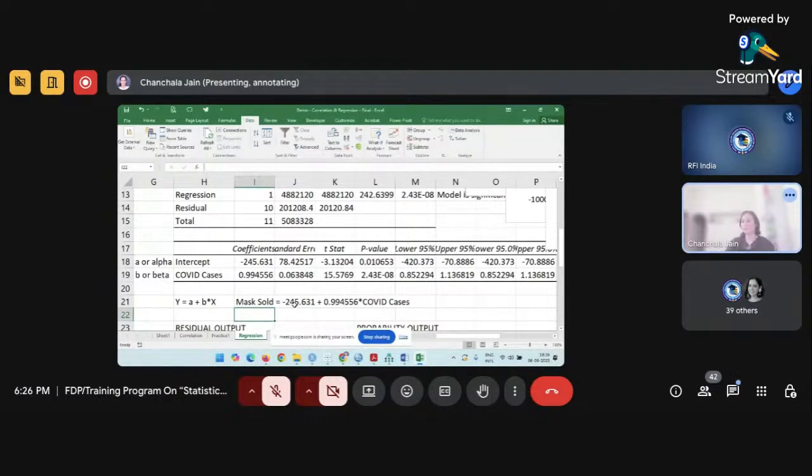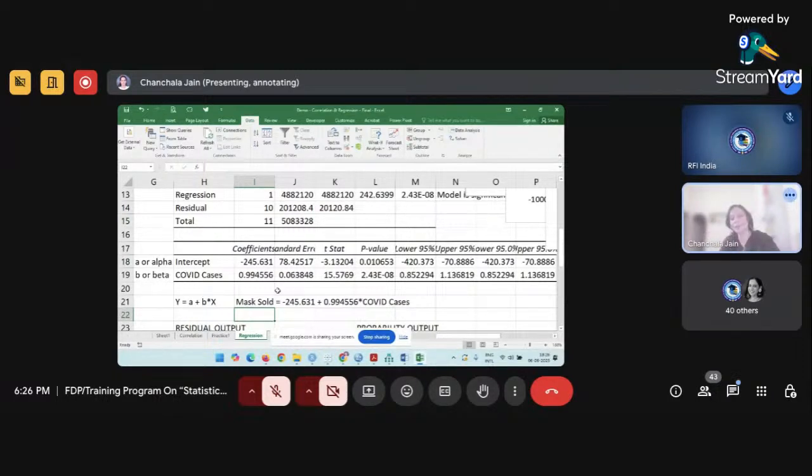Is it clear? If COVID cases change by 1 unit, mask sold will change by 0.99 units when you are keeping your A value, the intercept value, constant, right? So if you have, suppose, 1000 cases, you can multiply 1000 by 0.99, and that will give you one figure.